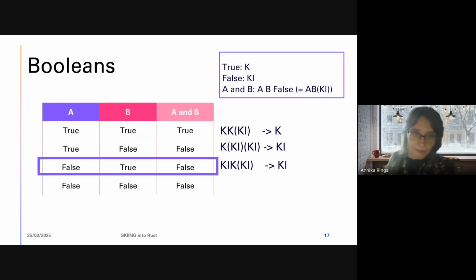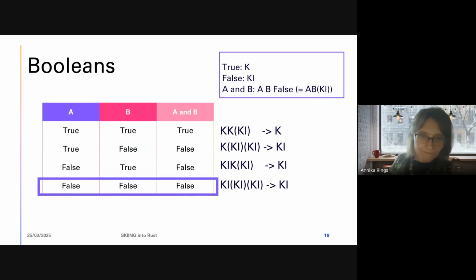And this is false as we were expecting. And then the last line, false and false, should also be false. And when we go through this, again, here, KI, KI, KI, we first return I and discard this first KI, and then we have again I KI, which returns KI, and this is false.